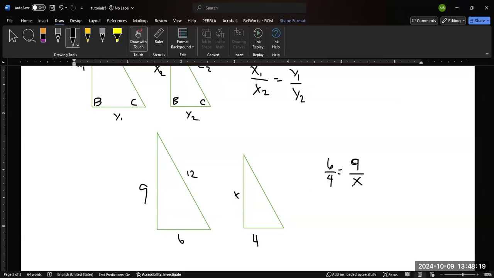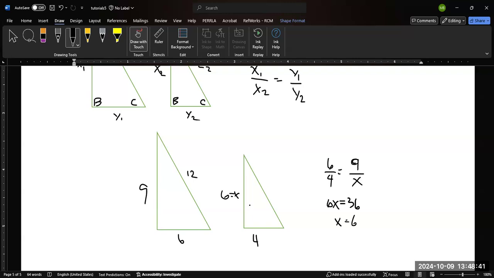And now I just have to solve this ratio in order to find x. So I'm going to cross multiply. I get 6x is equal to 9 times 4, which is 36. And so if I divide by 6, I get x is 6.